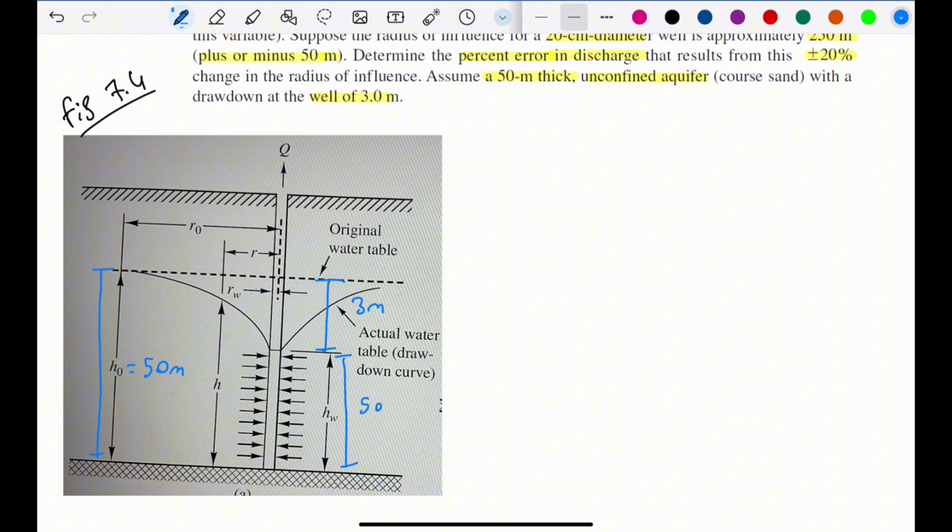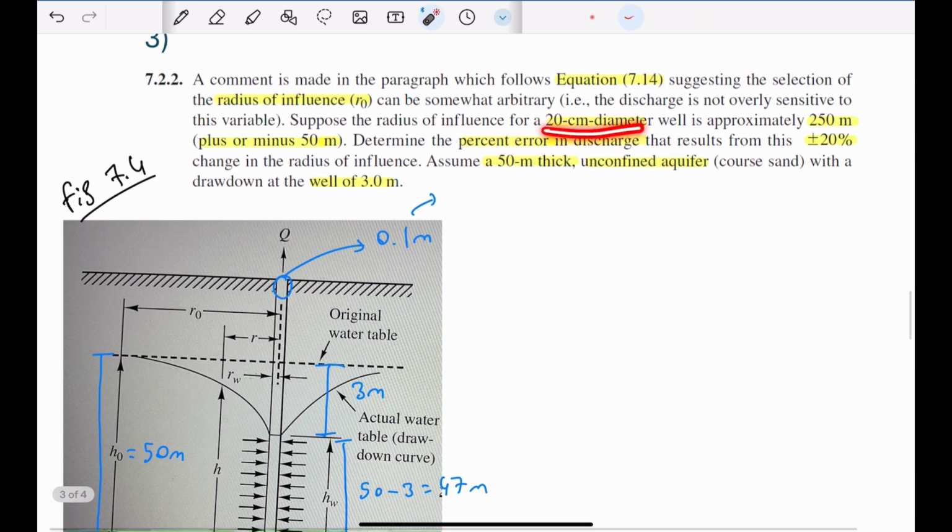So it will be 50 minus 3, 47 meters. And the radius of the well is 0.1 meters. So we had 20 centimeters diameter, and we convert it to meter and find the radius.